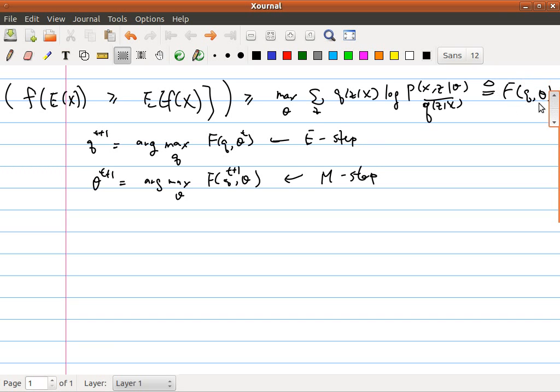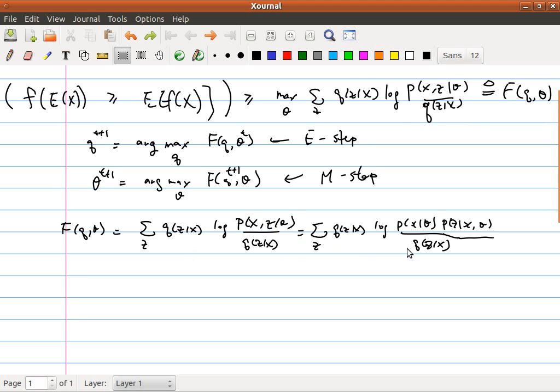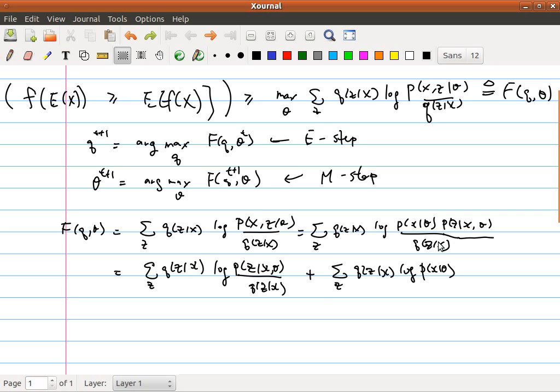I can write this F(Q, θ) by expanding the joint probability p(x, z given θ) as p(x given θ) multiplied by p(z given x, θ), and then I can expand that into two terms.